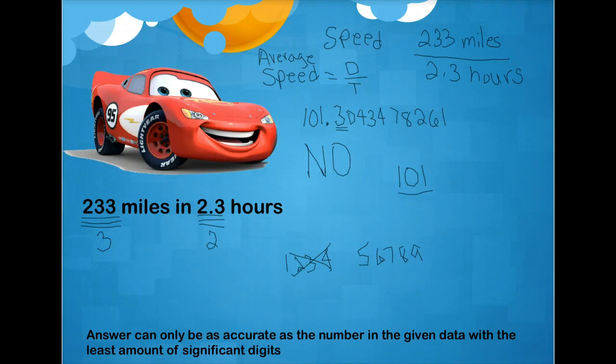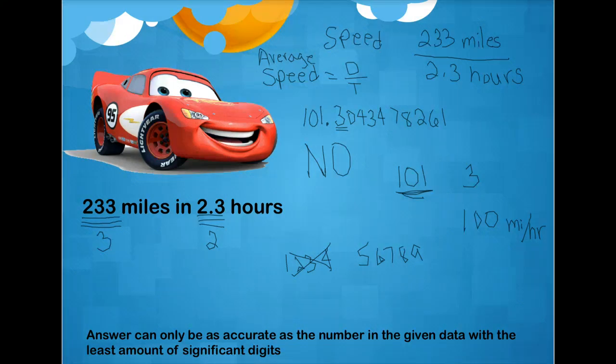But the most significant digits we can have is 2. So look at this. How many significant digits are in this number? Well, we see 3, right? We cannot have 3 significant digits. So 100 miles per hour. We're going to have to change this number to a non-significant digit, which would make it 0.